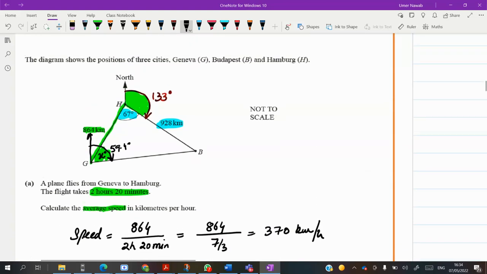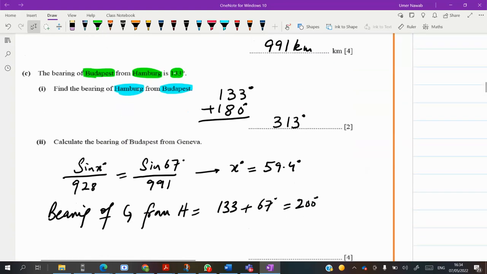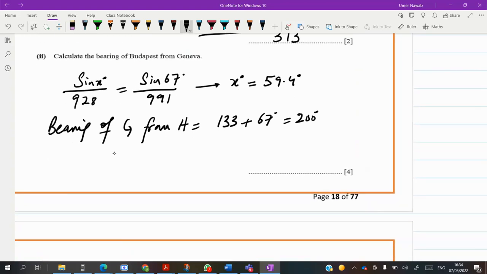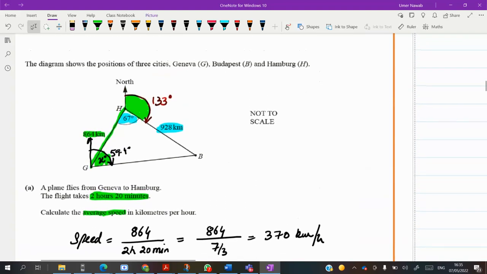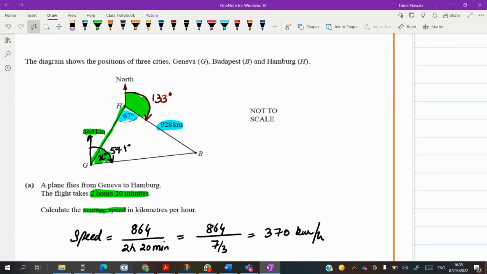I can easily find the bearing of H from G. So 200 minus 59.4 gives us 140. This angle is 200.